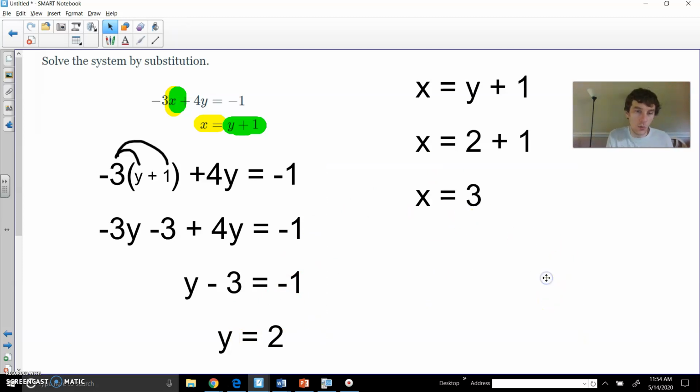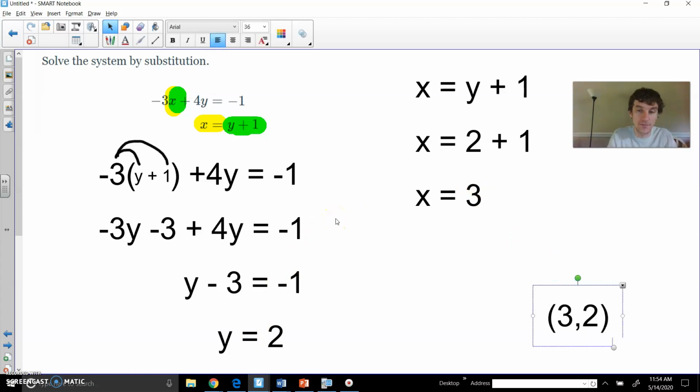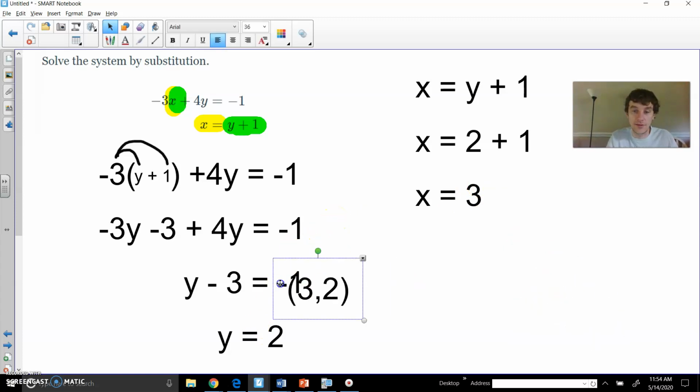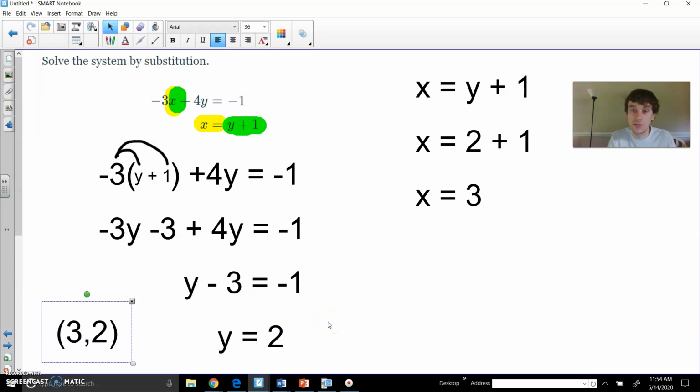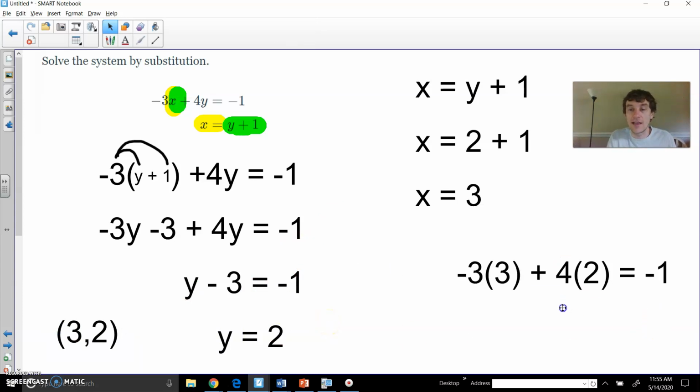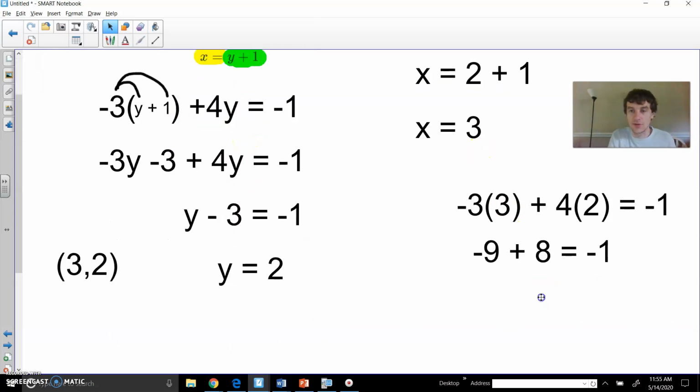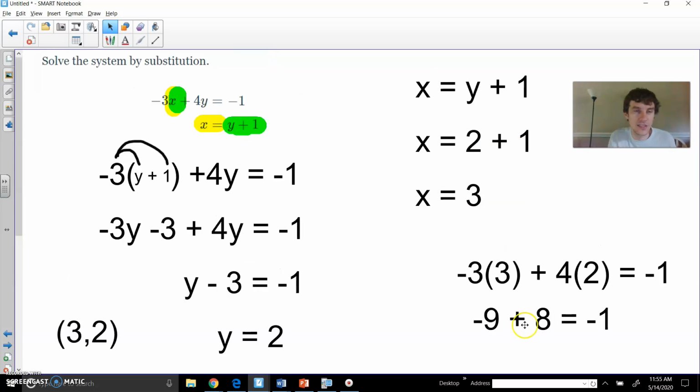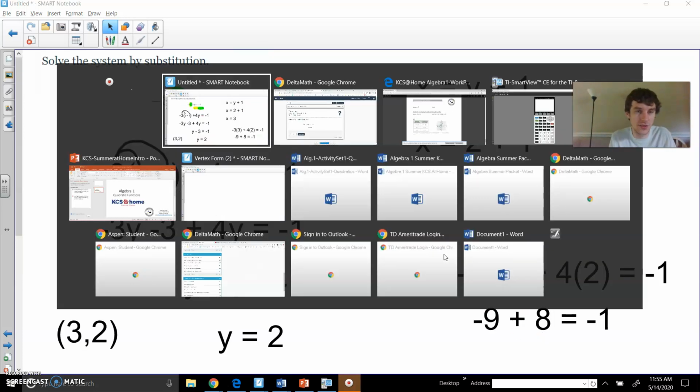And so once we have the point (3, 2), that's kind of the answer. That is the final thing that I'll type in on the other page as the solution. And I can even know if that's correct using either equation. If you replace x and y and do the math on it, you'll see that it comes out to be something correct. And so let's go ahead and go back to the other page.